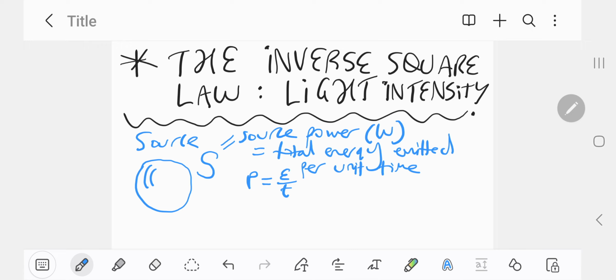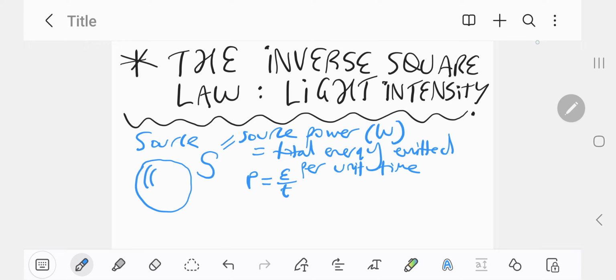So this is the total energy per amount of time emitted by this source, this sphere, in all directions. Now, we need to think outside the box here and think in terms of 3 dimensions. So any sphere, like a star like the sun, emits light in concentric spheres moving out away from the source itself, the star. So light moves out away in spheres.